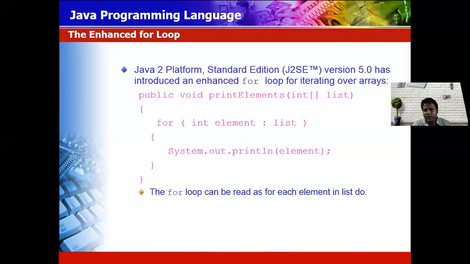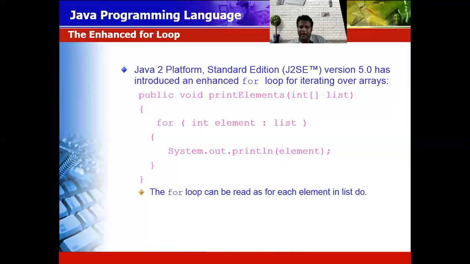But if you want to get all the values from an array, there is no requirement of this comparison every time. So we use the enhanced for loop: for int element colon list. All the elements that are present in the list come to the element, and it is printing you all the elements.